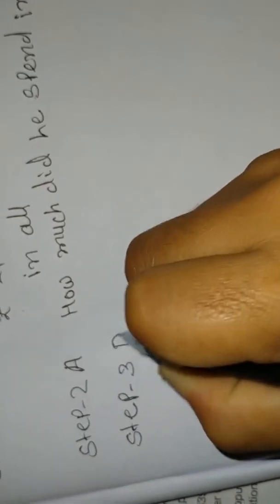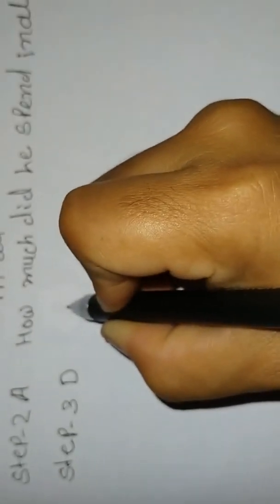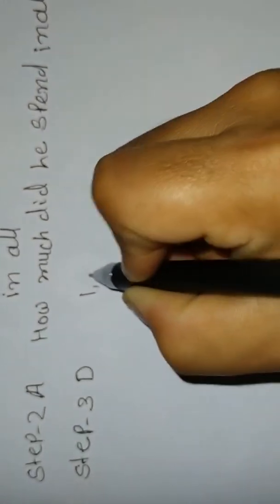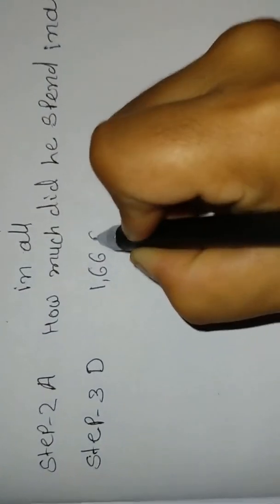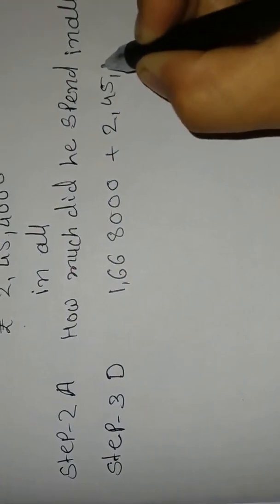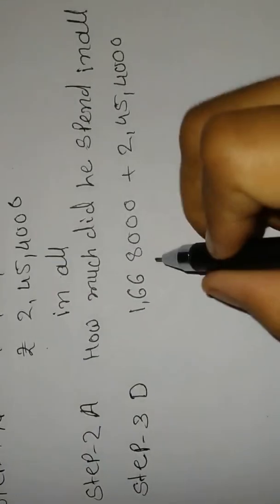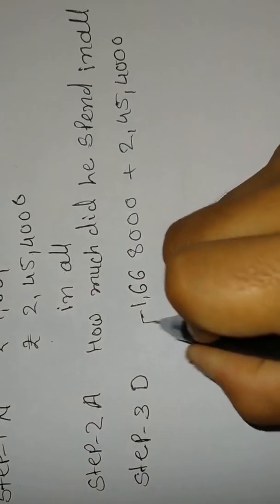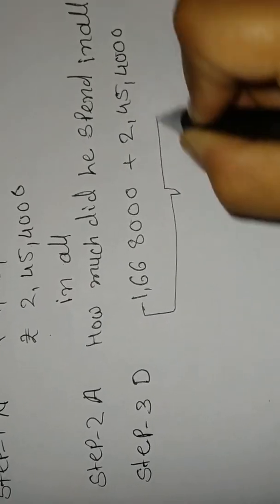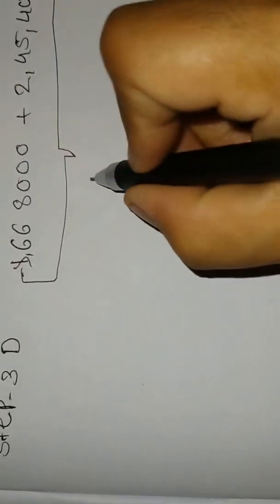Then step number 3, draw, so we have to write here 1 crore 66 lakhs 8,000 plus 2 crore 45 lakhs 4,000, and we have to write here "in all".